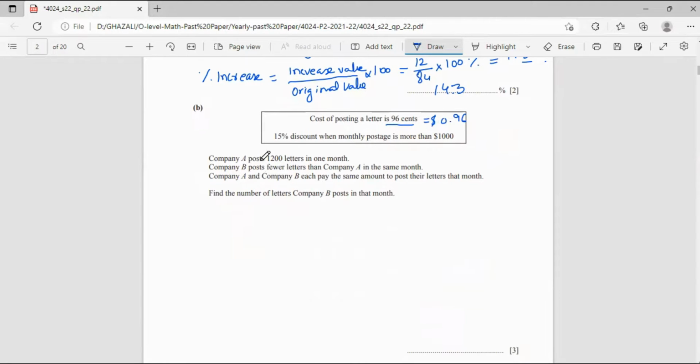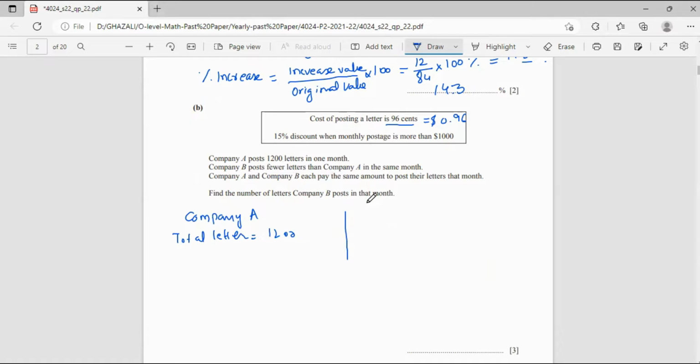Next step, 15% discount when monthly postage is more than $1,000. Here company A posts 1,200 letters in 1 month. Company B posts fewer than company A. Firstly, for company A, the total number of letters is 1200.